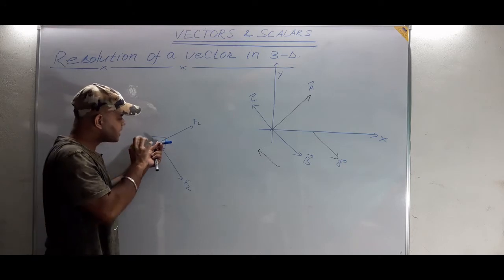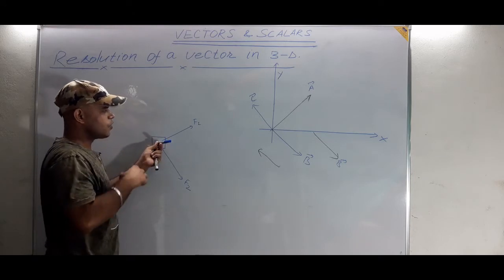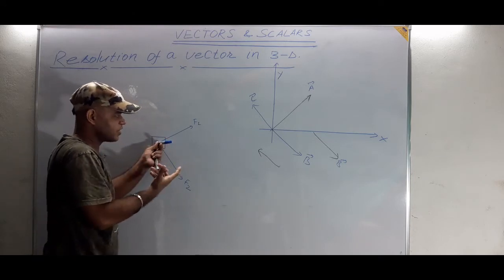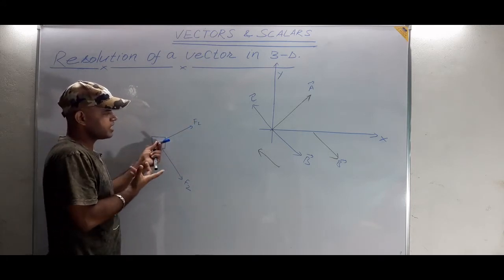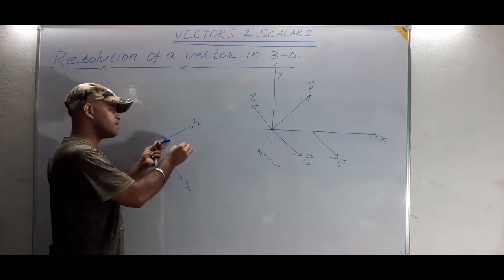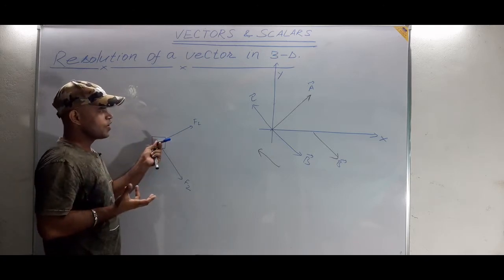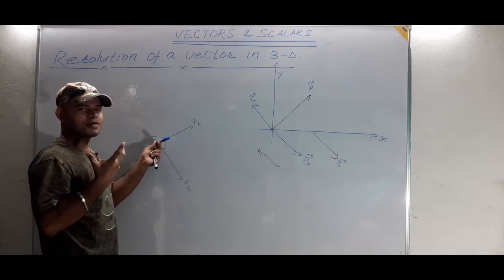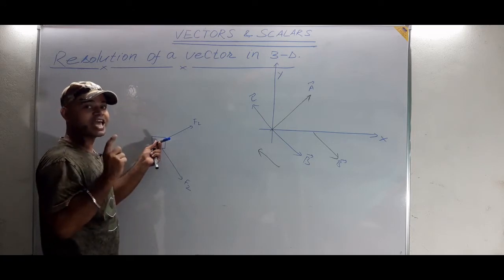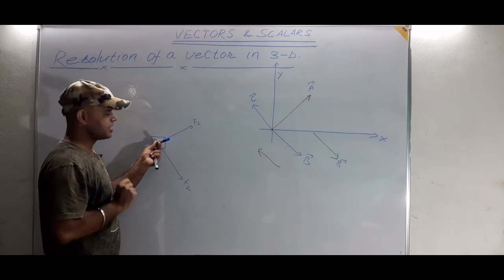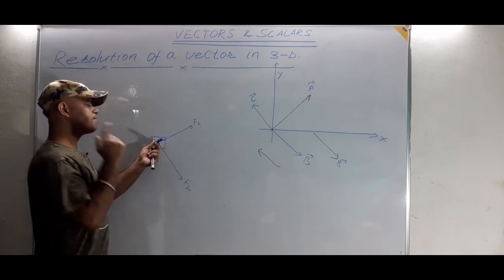So for complete resolution of the vector, we need to devise a method where all the forces, irrespective of their orientation, whether they are lying in the same plane or in a different plane, can be resolved and analyzed, right? So what we do, we simply do one thing.